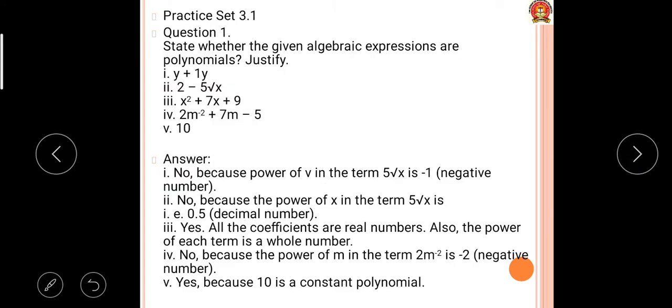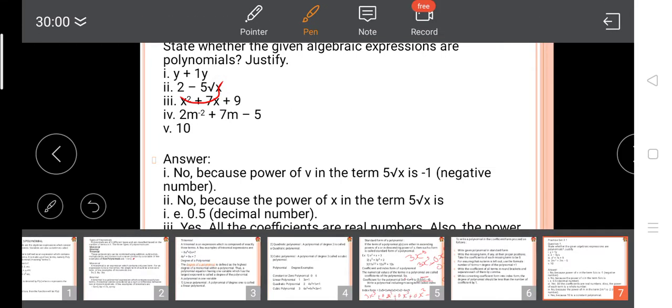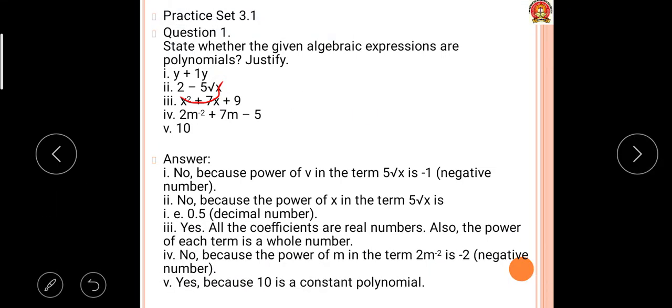Okay. Now see, by the example it will be more clear. See the example from practice set 3.1. State whether the given algebraic expressions are polynomials or not. Justify your answer. First one is y plus 1 upon y.